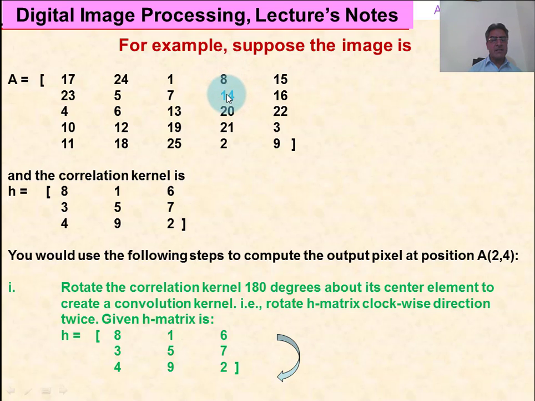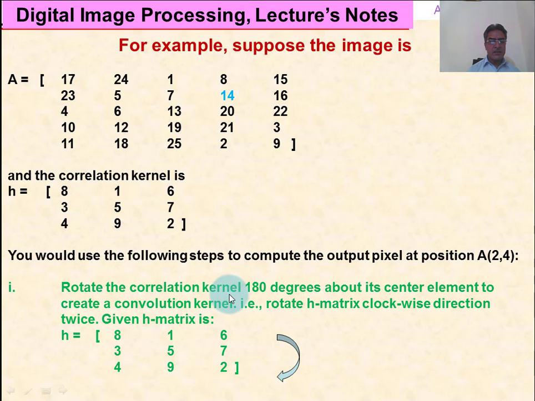This is the pixel whose value we want to enhance using this kernel, but not this kernel directly. We will rotate it first by 180 degrees, and then we will convolve the value of A of 2,4, that is 14, with the rotated kernel. How will we rotate this kernel?